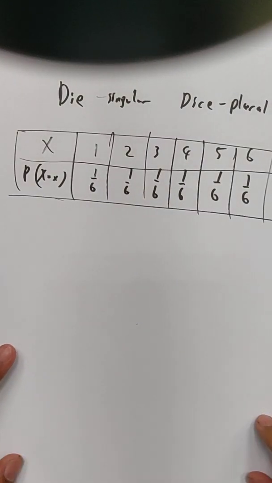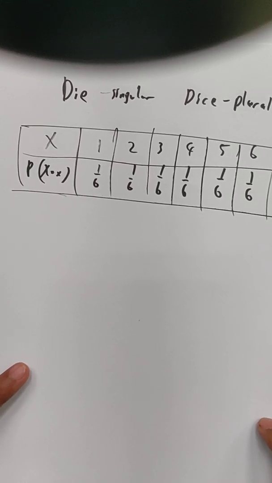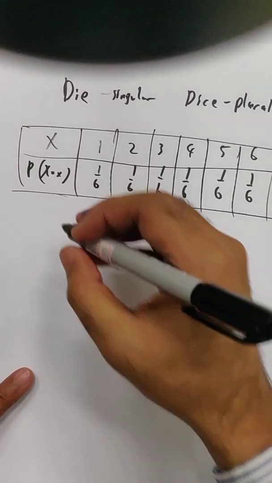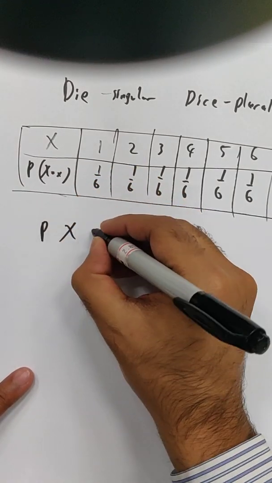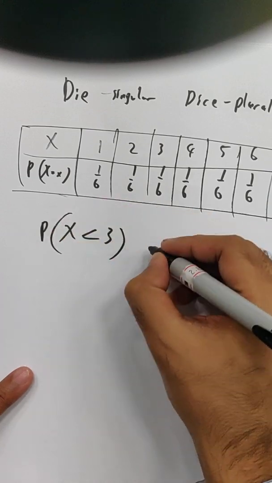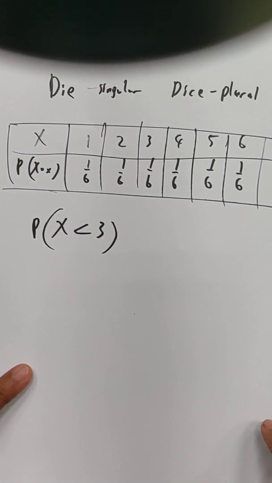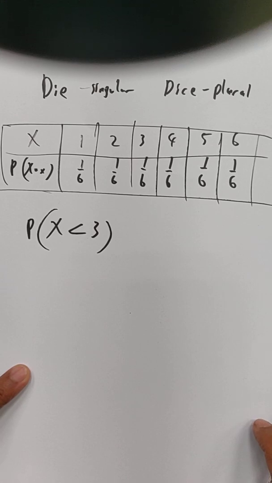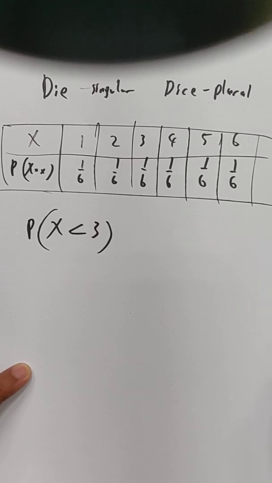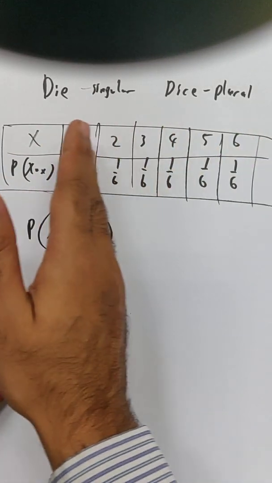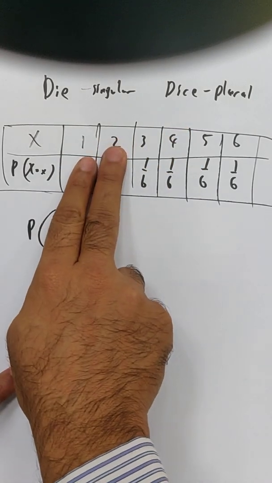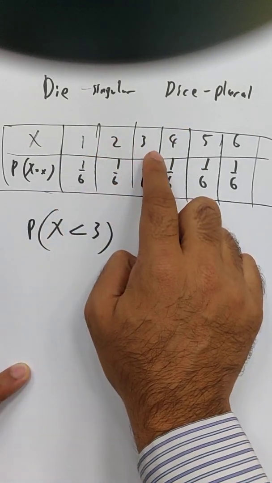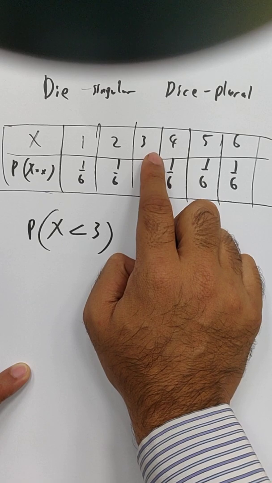And the question can ask you something like this. What is the probability for you to get P(X < 3)? Which ones are less than 3? Until where? 1 and 2 only. What about 3? It's not less than 3.